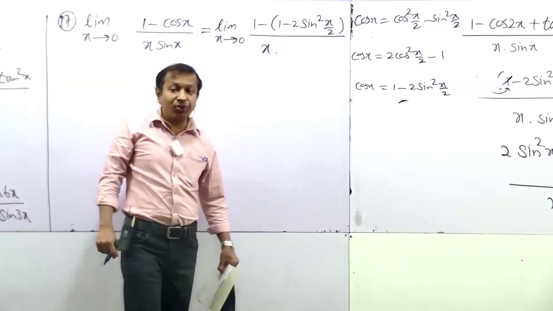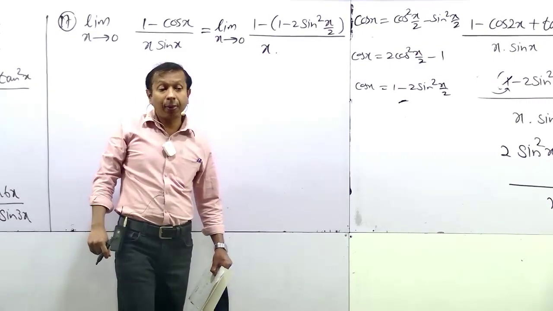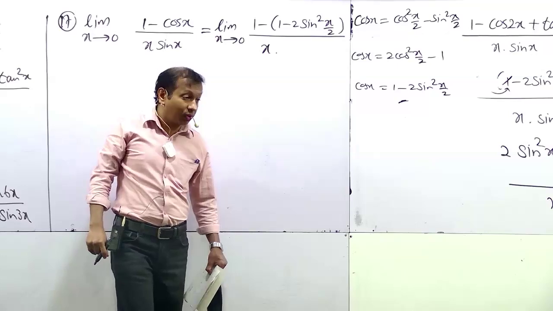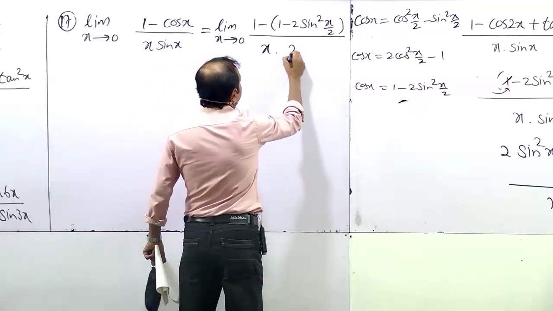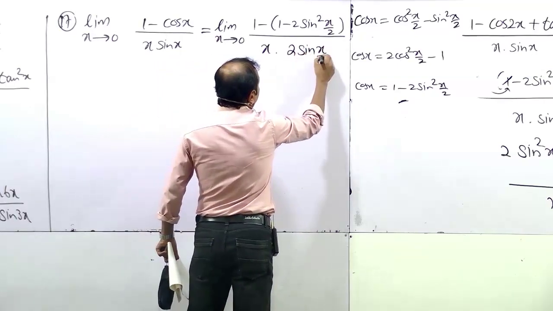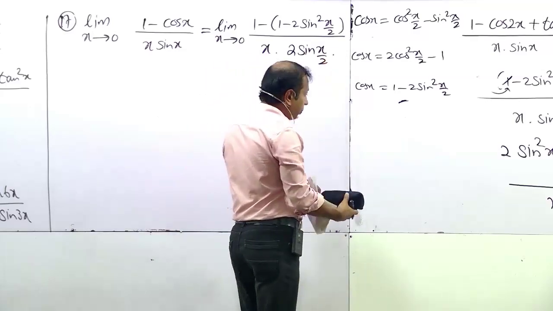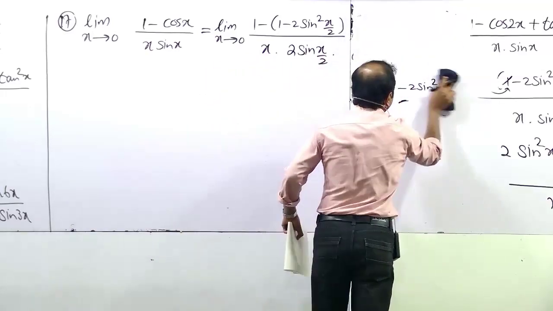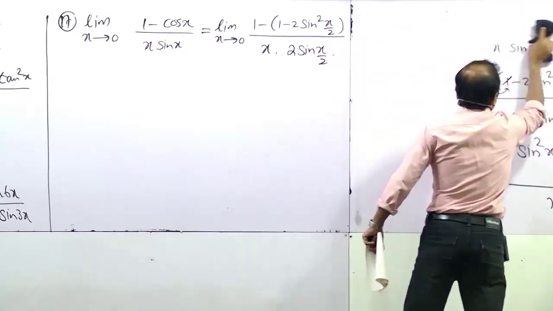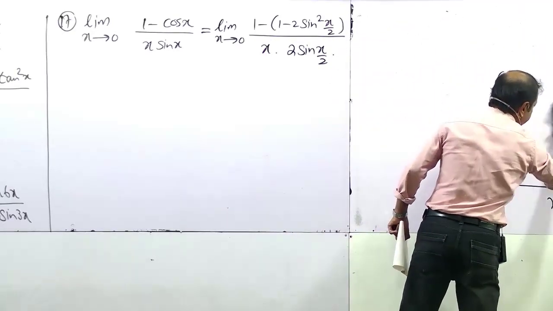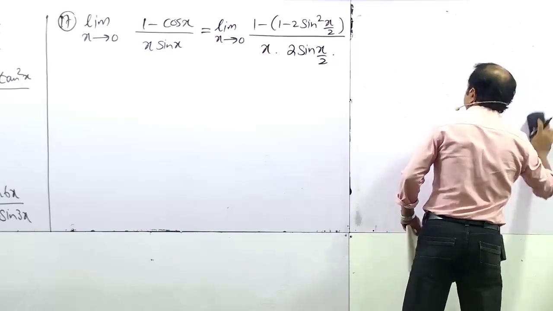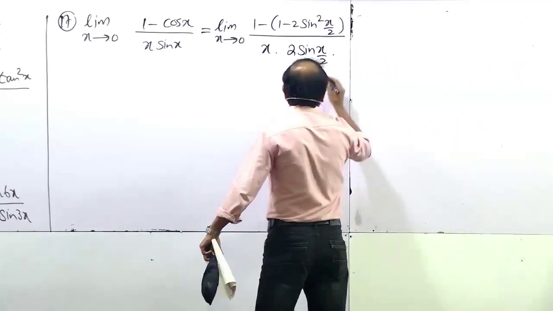Tell me the half angle formula for sin x. 2 sin x by 2 into cos x by 2, yes.